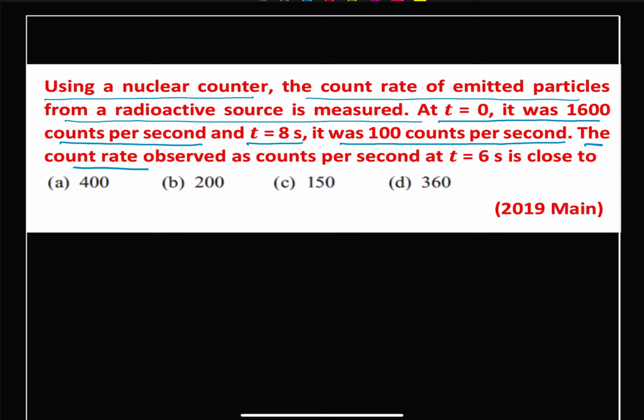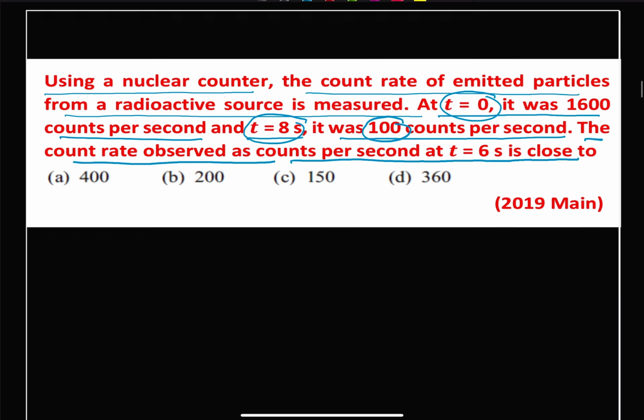The count rate observed at t equal to 6 seconds is close to. So we are given count rate at t0, which is the initial count, n0, and count at t equal to 8 seconds, that is 100, we can call that n. And for 6 seconds we are going to find out.